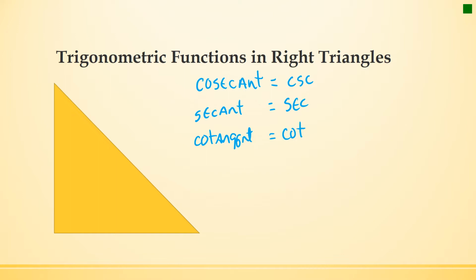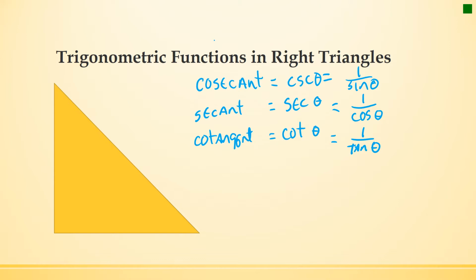Now, the cosecant is equal to 1 over the sine of theta. The secant is 1 over the cosine of theta. And the cotangent is 1 over the tangent of theta. So these 3 trigonometric functions, the cosecant, the secant, and the cotangent, are the reciprocals of sine, cosine, and tangent.